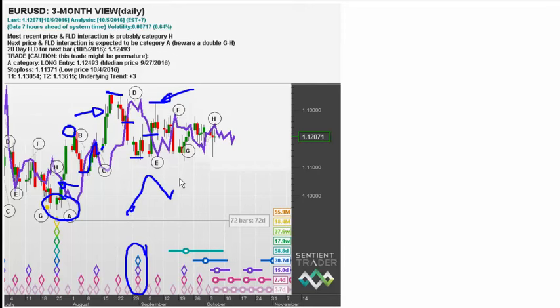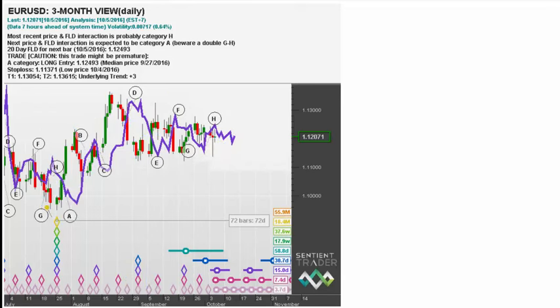You can see it's sort of squeezing into that triangle, and it is possible, of course, the price will break down out of this triangle and give us a nice clean 80-day cycle trough. Or it is also possible that the 80-day cycle trough might have been this low over here, and so it's going to resolve out of the triangle to the upside.